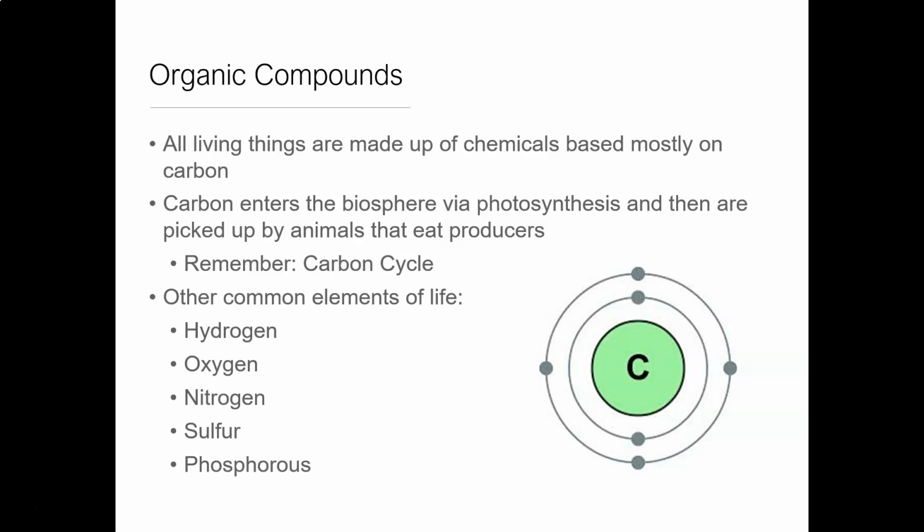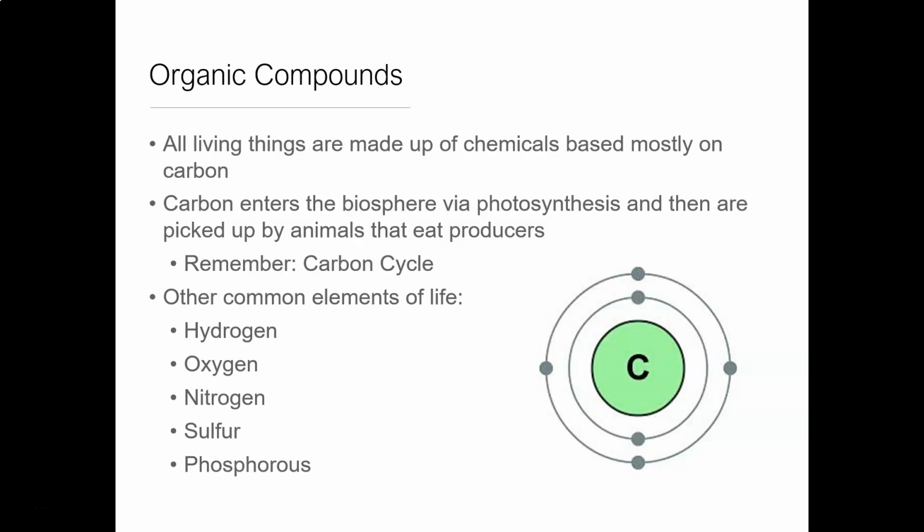So, all living things are made up of chemicals, and the vast majority of those chemicals are based on carbon as being this centralized atom, centralized element to the vast majority of those compounds. So remember your carbon cycle, right?